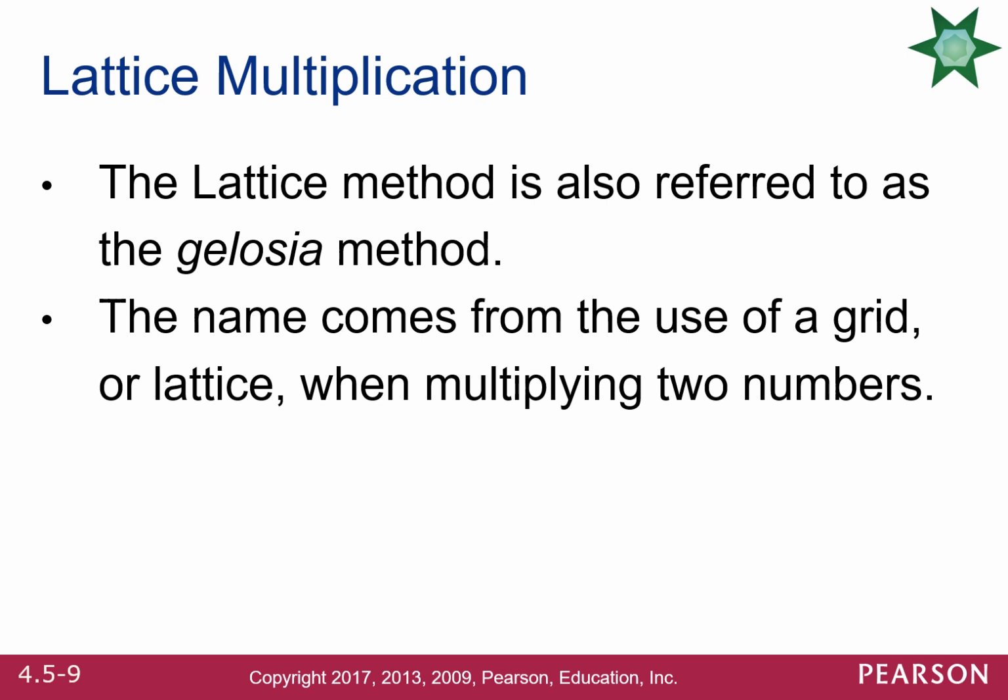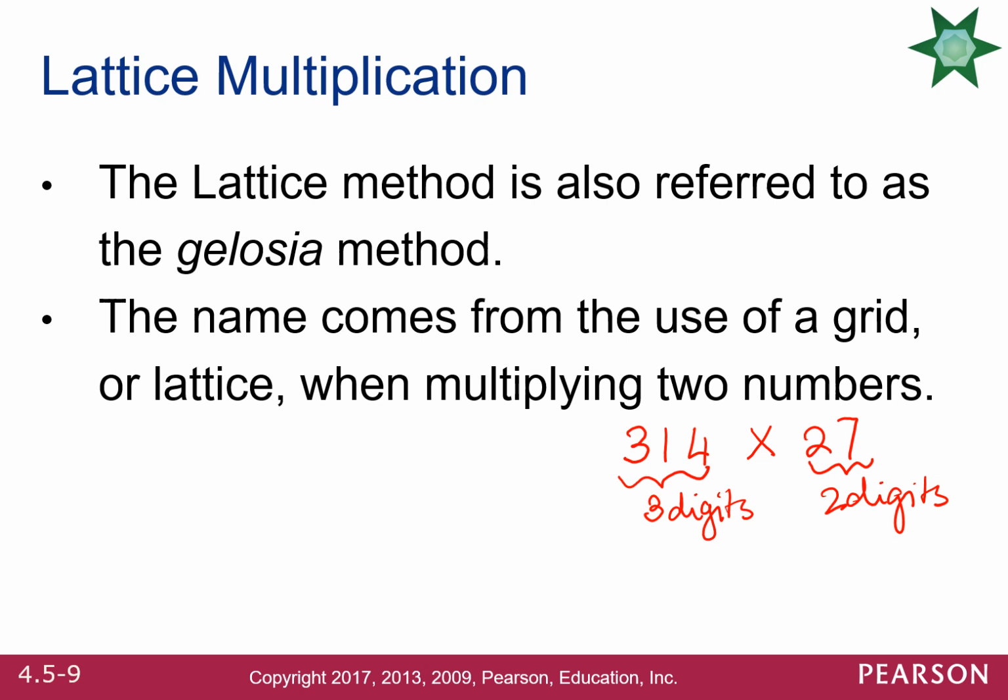So, for example, let's say we are multiplying 314 with 27. 314 is a number with 3 digits, and 27 is a number with 2 digits. So the grid is going to be a 3 by 2 matrix. That means it's going to have 6 cells in it.